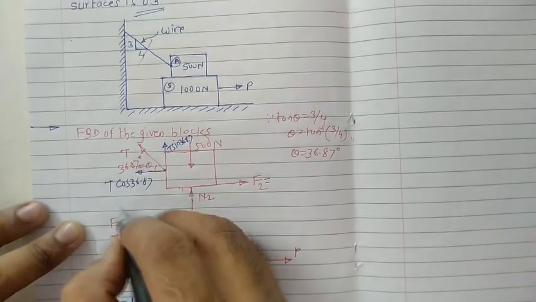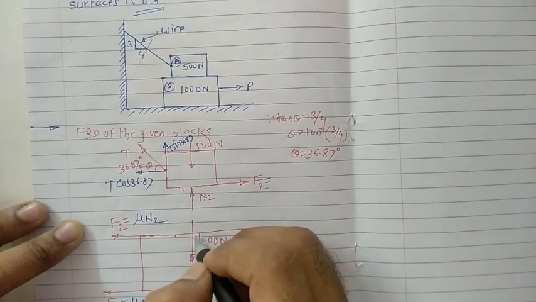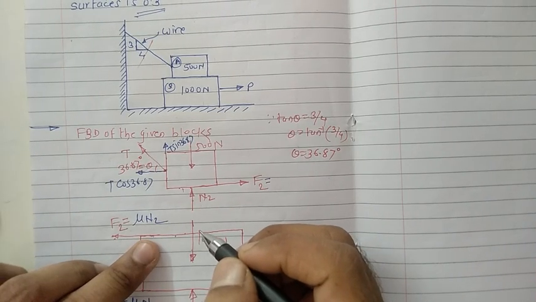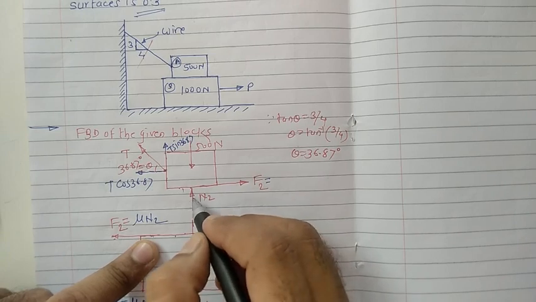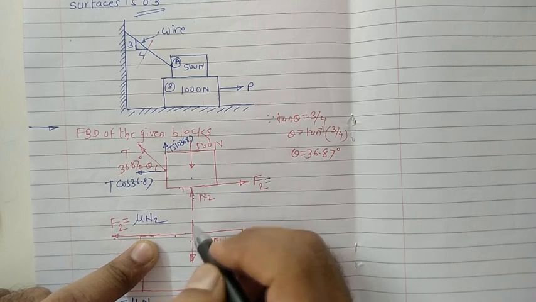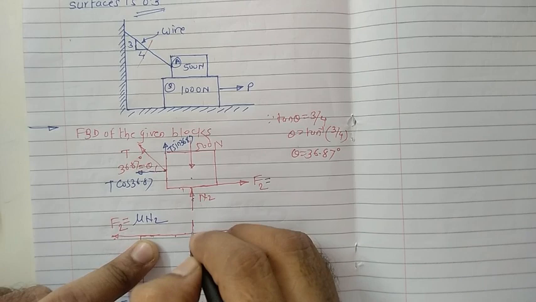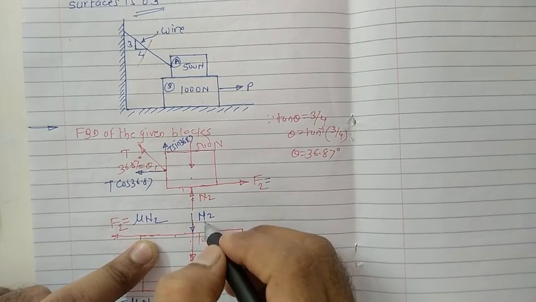For this case we can write mu into N2, because the normal direction between this surface and this one is nothing but N2. The reaction of this surface will occur on this one and the reaction of this one will occur here, so you need to consider them in opposite directions to each other. So here also N2 comes into the picture.